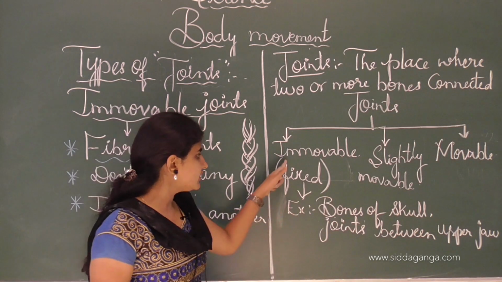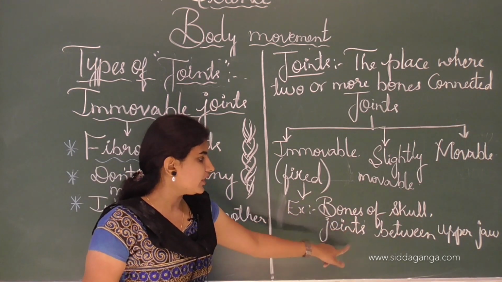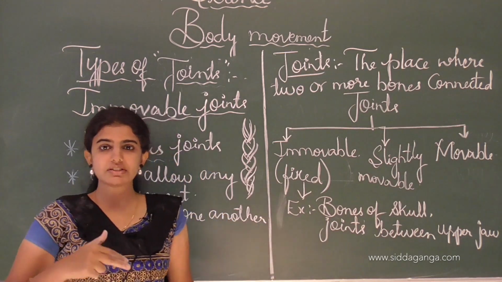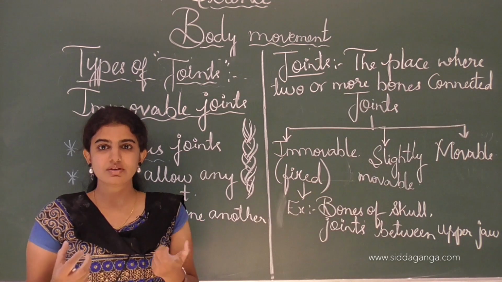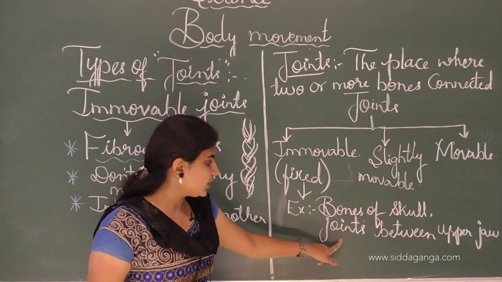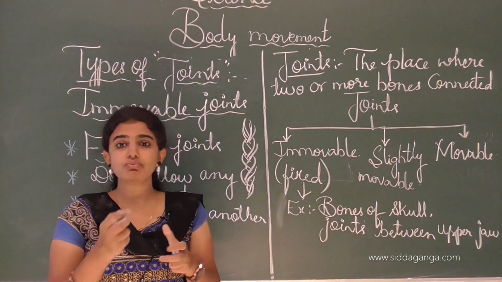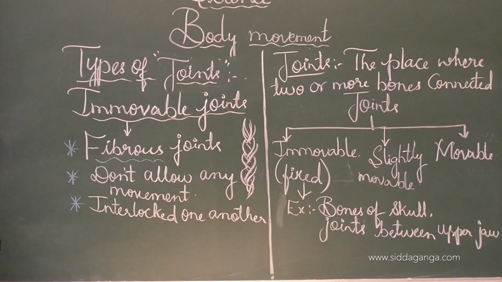Usually these types of joints are present in the bones of the skull as well as in the joints of the upper jaw. They are there in our face, in our head region. And this is all about the immovable joints.